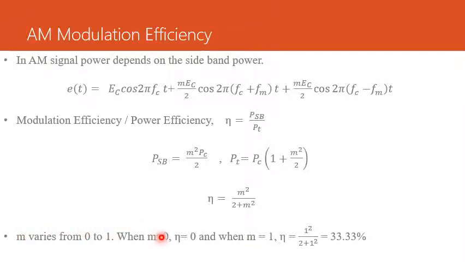When m is equal to 0, your efficiency becomes 0, and when m is equal to 1, your efficiency becomes 1 divided by 2 plus 1 square, which is equal to 33.33%. That is, in case of a conventional AM signal, or double sideband full carrier, you will have a maximum efficiency of 33.33%.